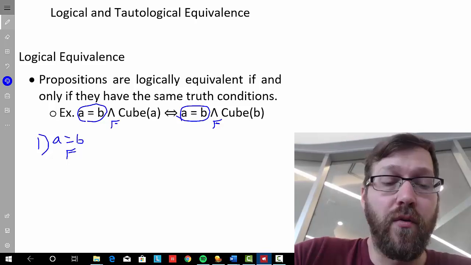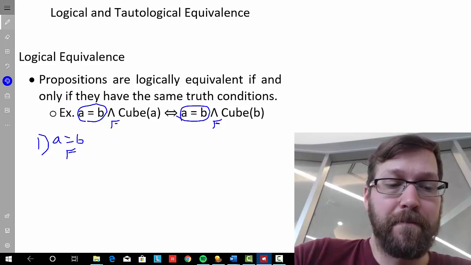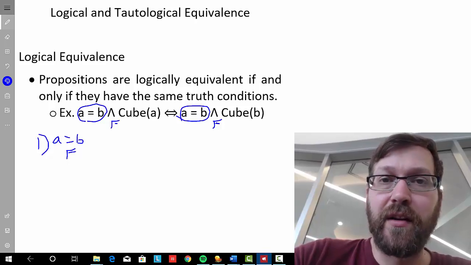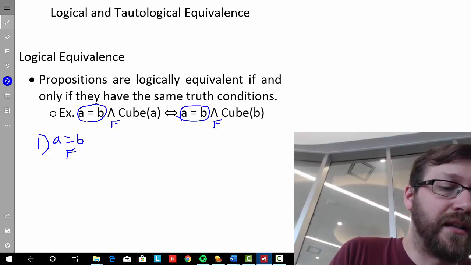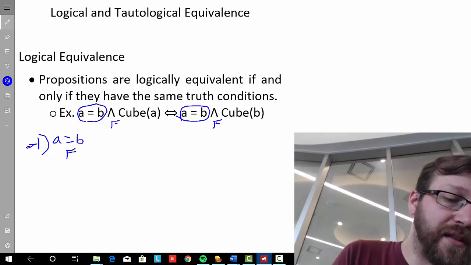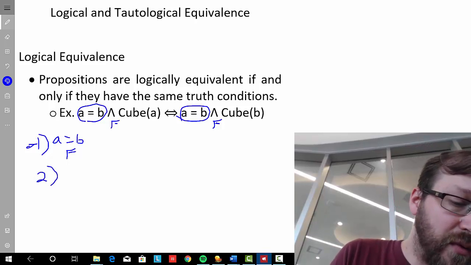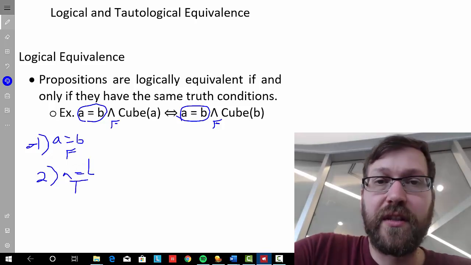We don't even need to know whether A is a cube or whether B is a cube. We would just already know that those conjunctions are false and will always share the same truth value given case 1. All right, so one of our other cases is where A and B really are just the same object.